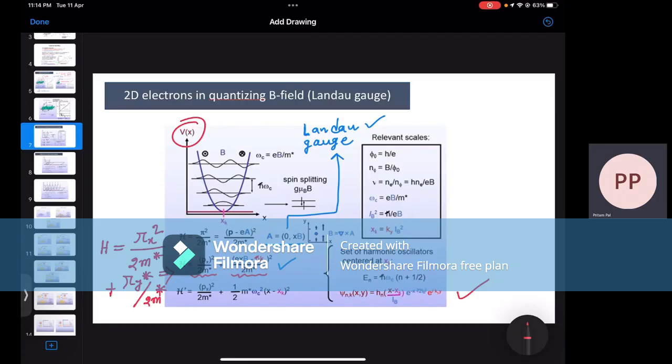And we know that the solutions to the harmonic oscillator are equally spaced levels with h bar omega c. That is the cyclotron frequency, and this is by definition the Landau levels, right?